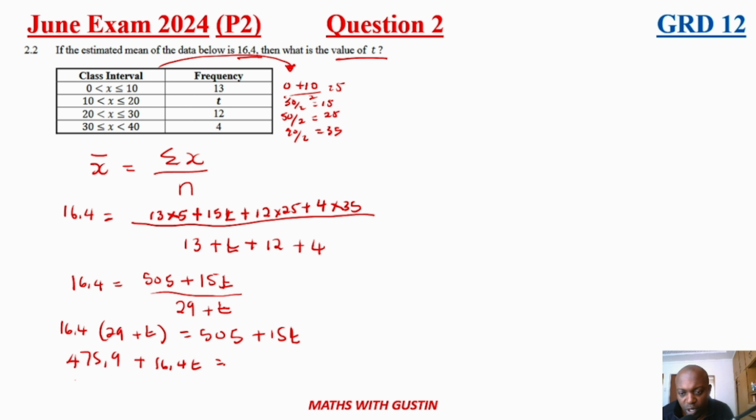This is just algebra, guys. It equals 500 plus 15t. So now you're going to take the 500 to the other side and do all the mathematics.